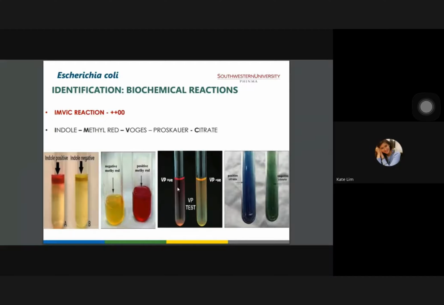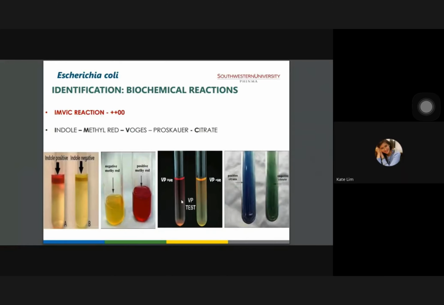For the Voges-Proskauer, a positive result shows a pinkish red color which develops right after adding the reagent. What is the reagent? We have alpha naphthol and potassium hydroxide. This indicates a production of acetoin from glucose fermentation.